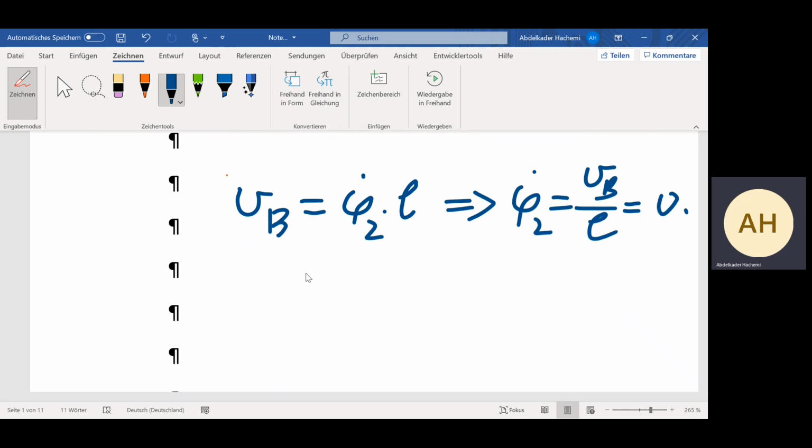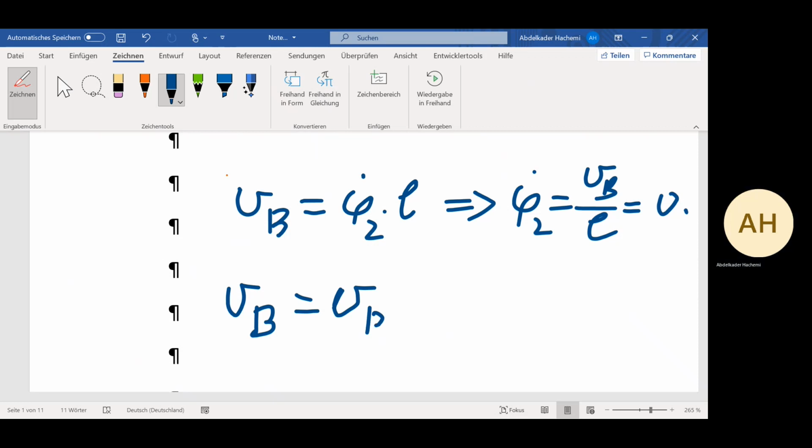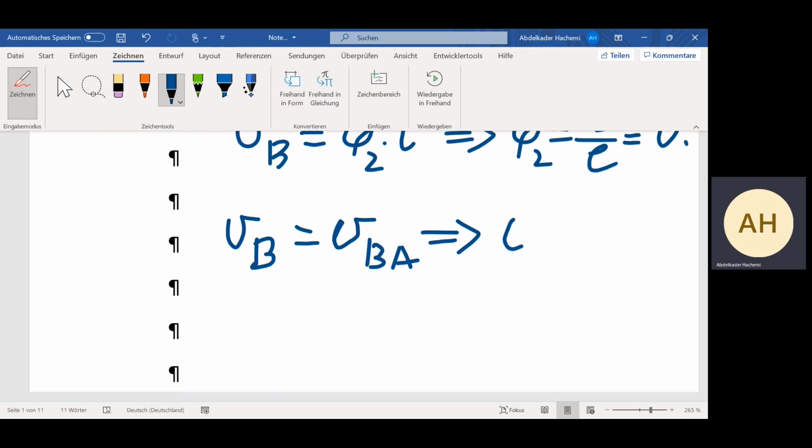Then VBA is only phi dot 2 multiplied by L. Then phi dot is only the absolute value of phi dot 2.